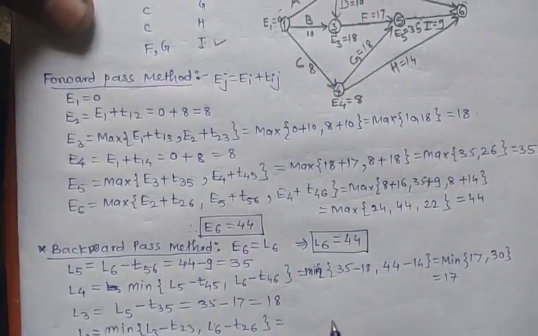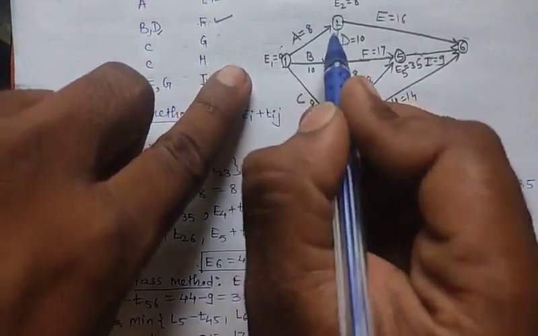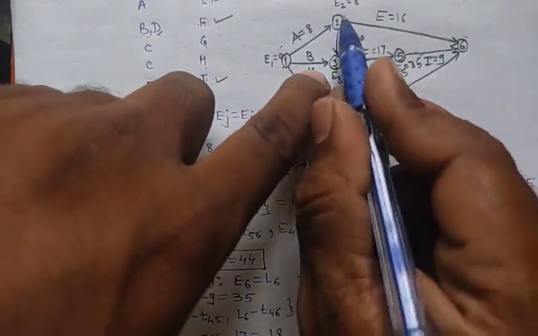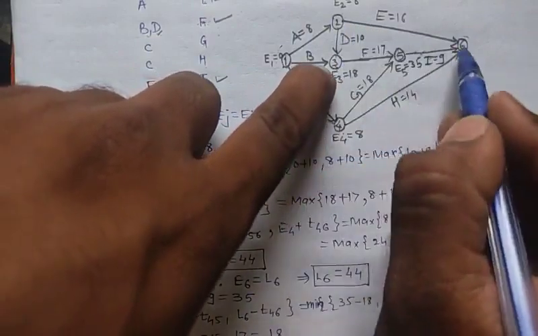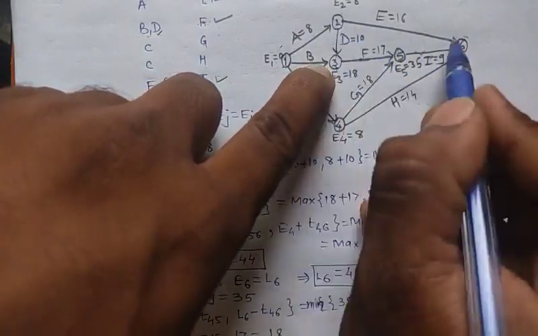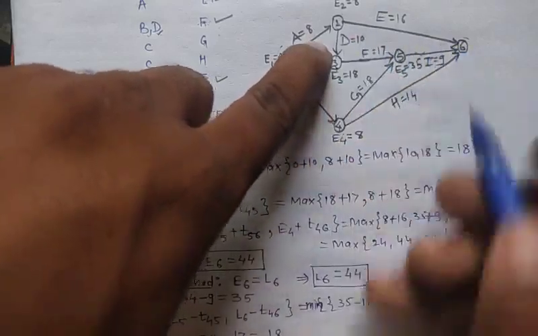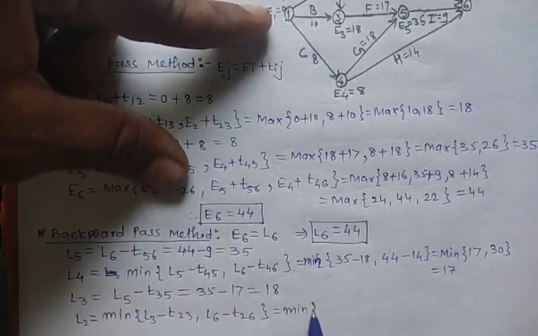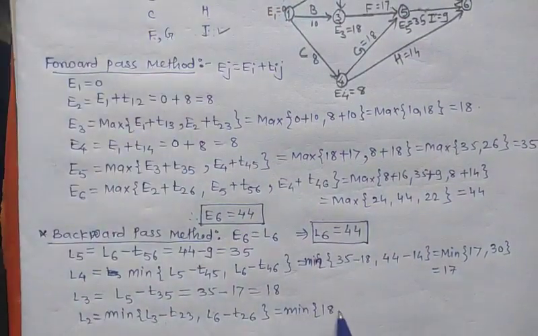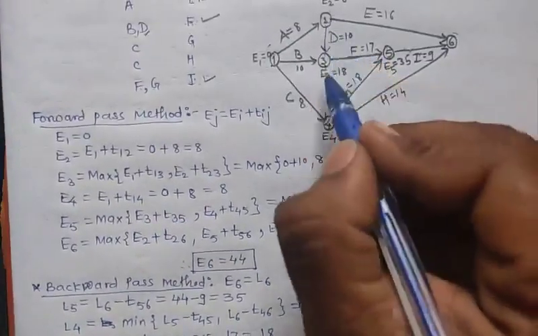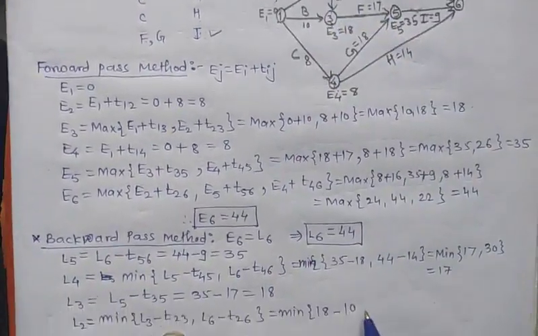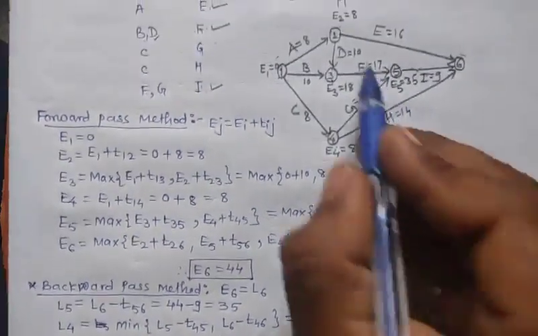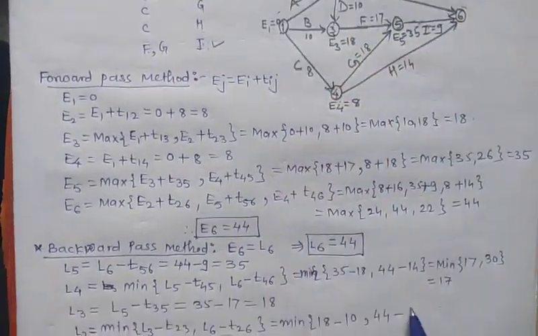So the minimum of: the value of L3 is 18 minus T23, which has distance 10, comma, L6 has value 44 minus T26, which has distance 16.